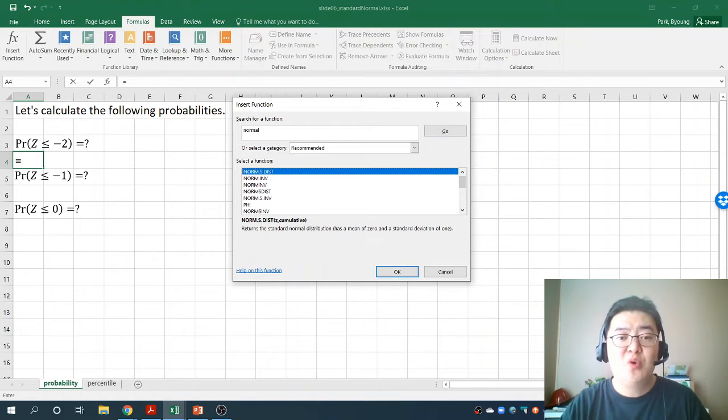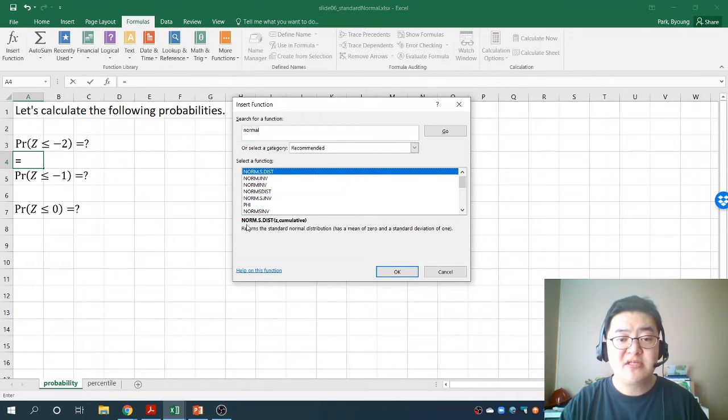If you type normal, then you can find a function that returns, so norm.s.dist returns the standard normal distribution, which has a mean of 0 and a standard deviation of 1. So exactly this is what we want.